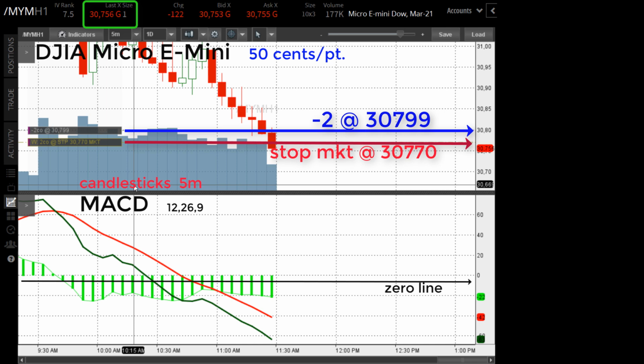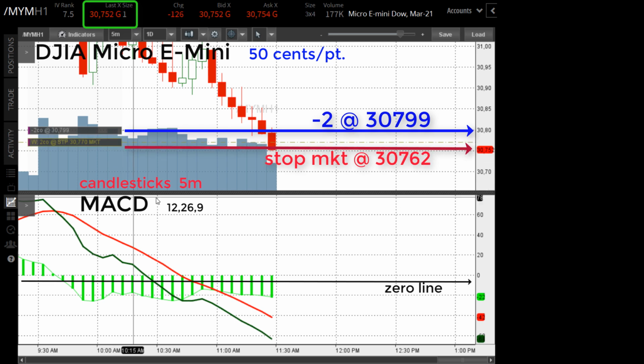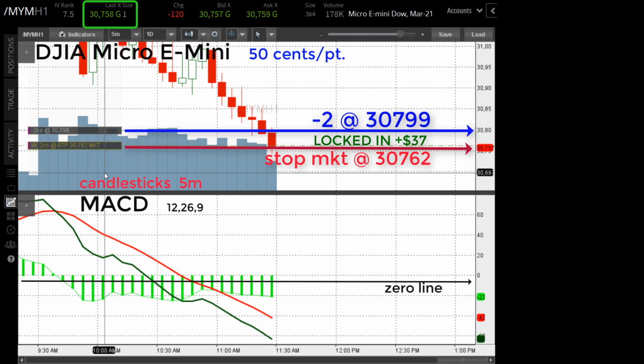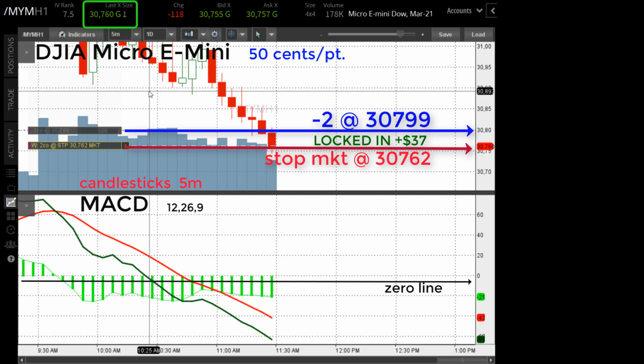And you can see the market's still going my way. I'm trading down at 30,755 now. And I decided to lower my stop again. I'm trading 30,752, and I moved the stop down to 30,762. And that locks in some more of my unrealized gain. I'm locked in worst case scenario, $37 now.